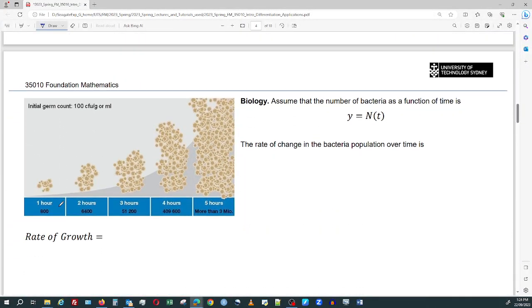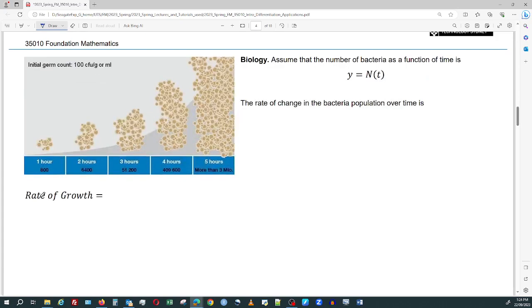Ooh, biology now. This is the context. Biology is the idea that the number of bacteria changes over time. How does it change over time? So the average rate changes in the same way. t starts off at some point and goes along to t plus h at some point along the graph.